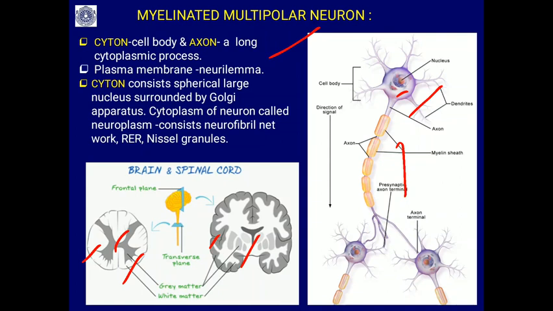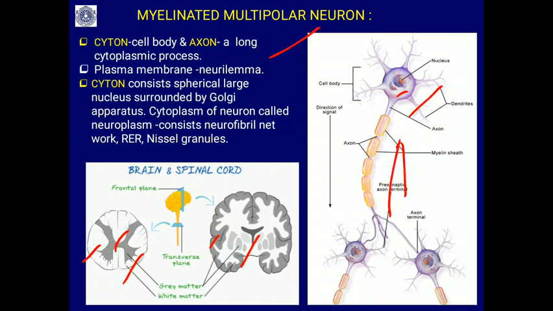You will find a nucleus, and endoplasmic reticulum with ribosomes, which form special bodies called Nissl granules. You can see the neurofibrillar network, and mitochondria, all these typical cell organelles.